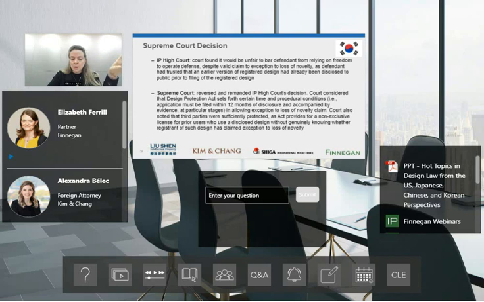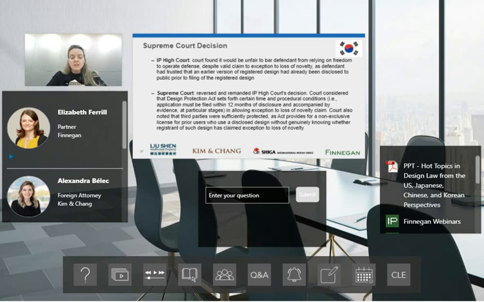Just one small note, you will remember earlier in the presentation, I mentioned that the law will be amended and there will be no more restriction as to the timing of when you can request the exception to loss of novelty. But we don't think this will affect this ruling, because the general principle of this ruling still stands, because there are other conditions that a person asking for this exception to loss of novelty needs to follow in order to obtain this claim.